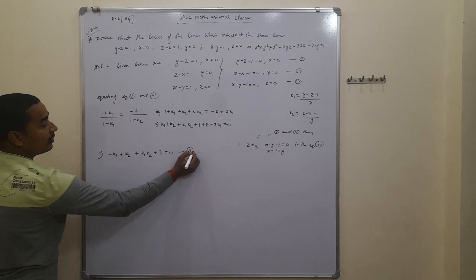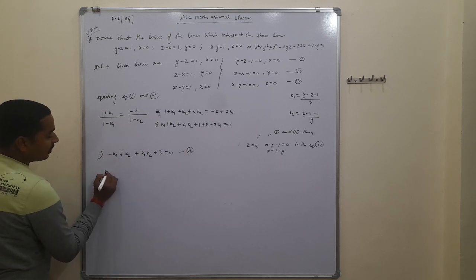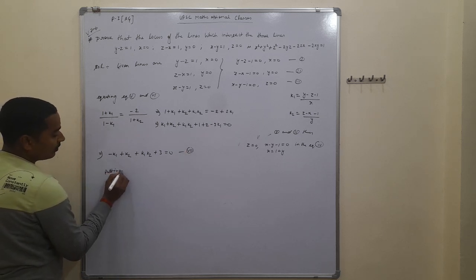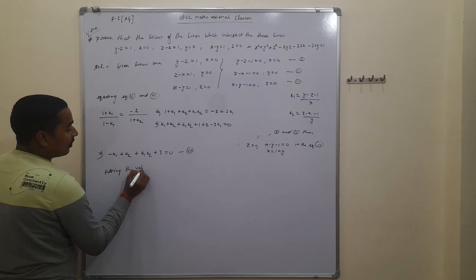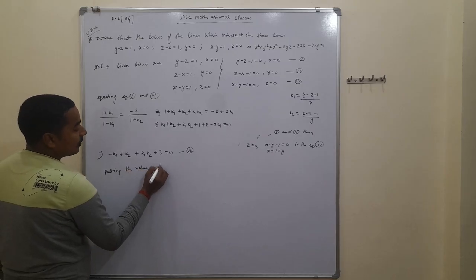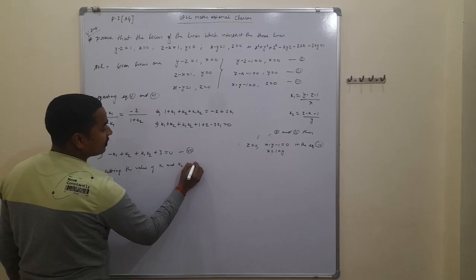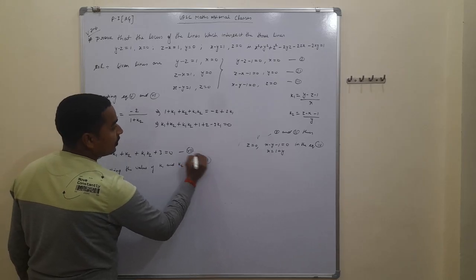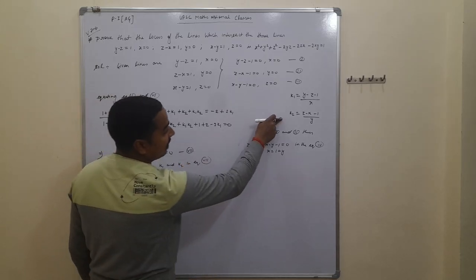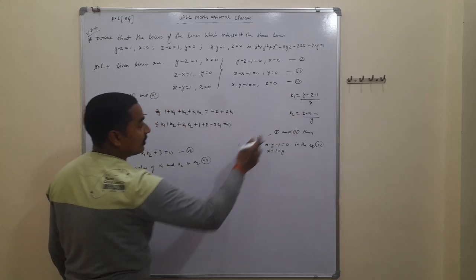Putting the value of k1 and k2 in equation 7, where I earlier found the value of k1 is this and k2 is that.